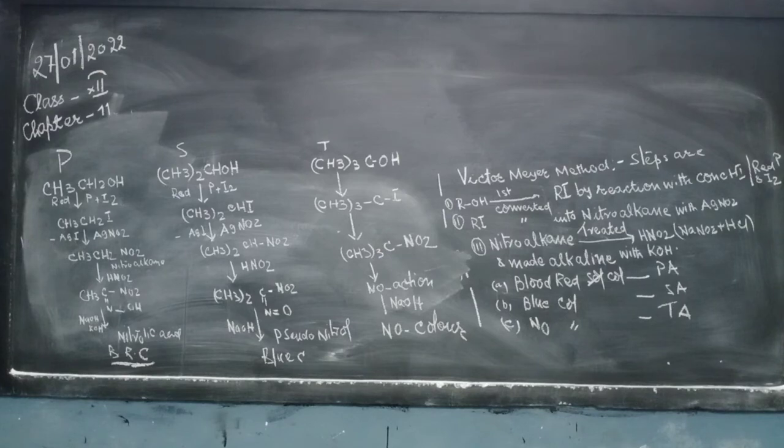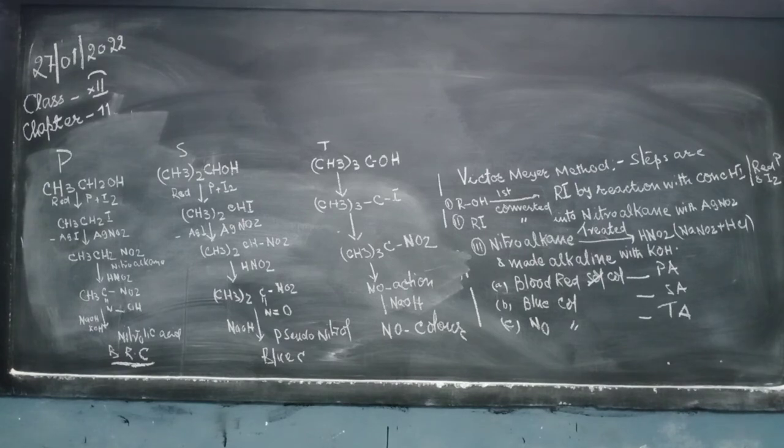If blood red color appears, it is primary alcohol. The blood red color is due to the formation of nitric acid. If blue color appears, it is secondary alcohol. Blue color appears due to the formation of pseudonitrole. If there is no color, it is tertiary alcohol.